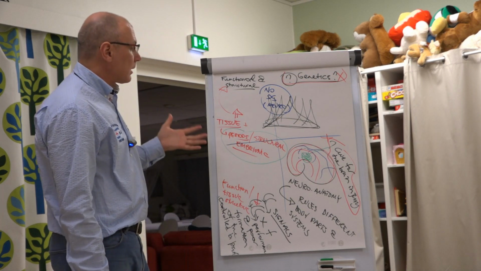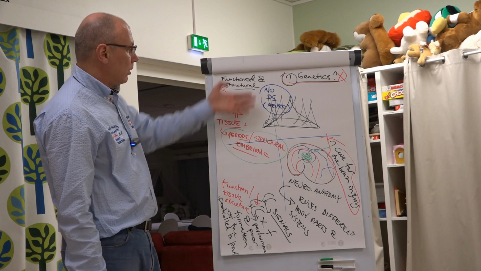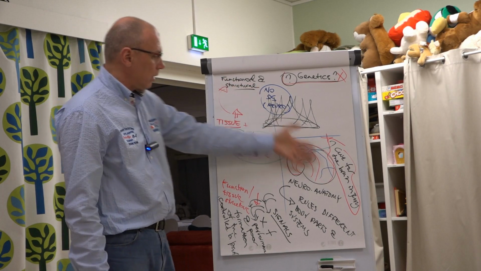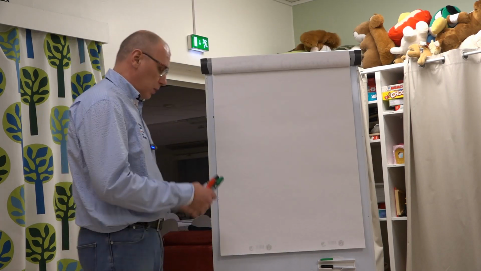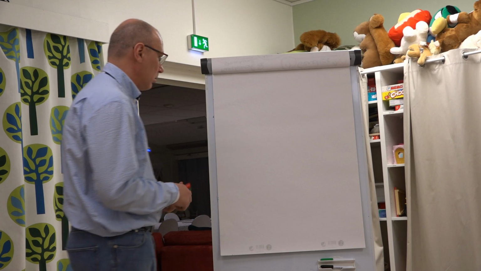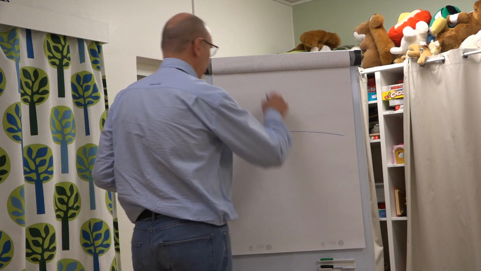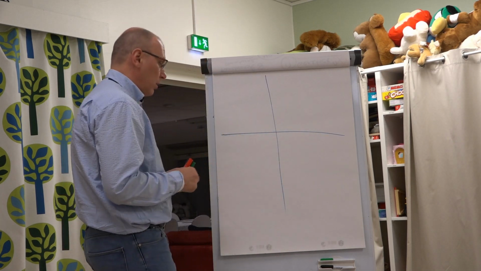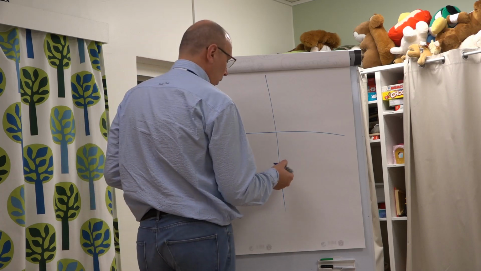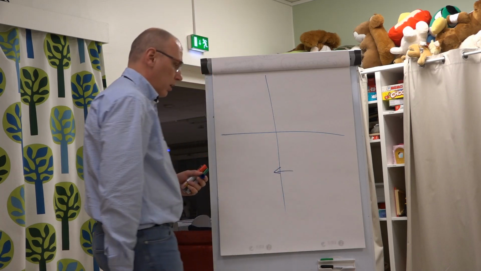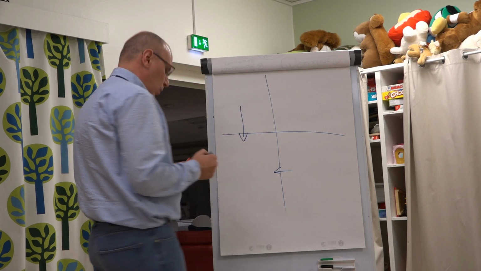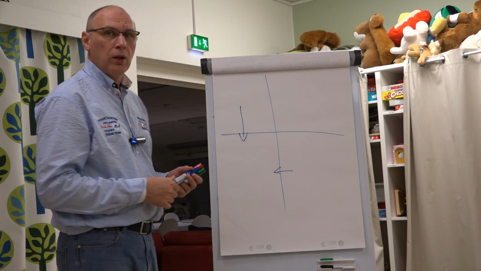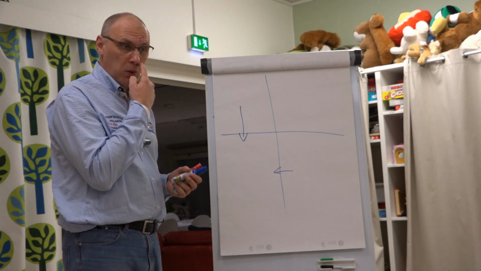So let's assume, so we took this quadrant, and then let's assume some dramatic situation that the person not only has the brain injury, but the person also has the genetic condition.